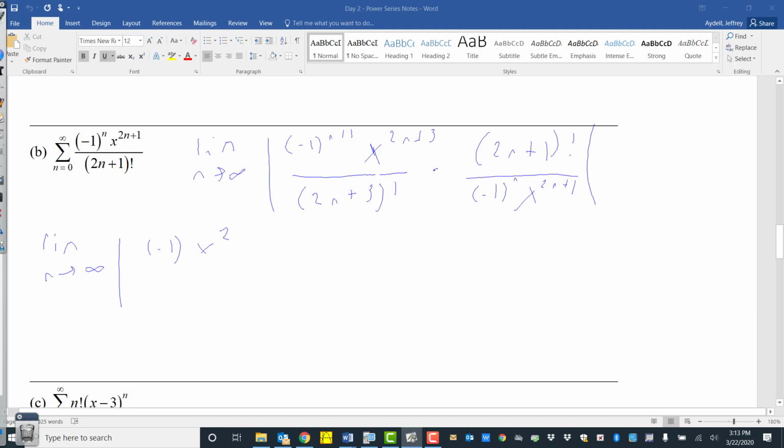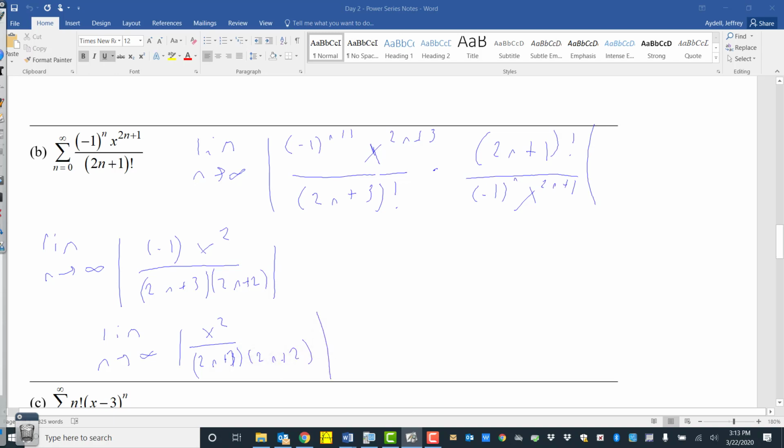And then the 2n plus 1 over 2n plus 3 factorial, both of them being factorial, those will actually cancel out and we'll just end up with 2n plus 3 times 2n plus 2 on the bottom. Now look what happens whenever we do this. Limit as n goes to infinity of the absolute value of x squared over 2n plus 3 times 2n plus 2.